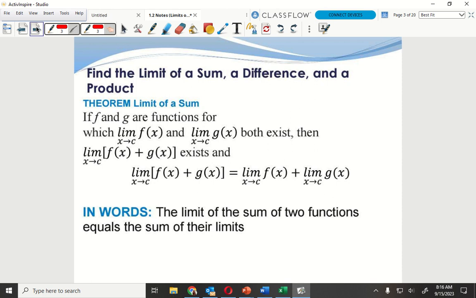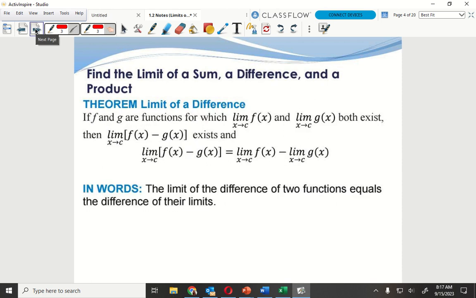Same thing for a difference, which is a subtraction or minus sign: I find the limits first and then subtract. And a product means the same thing: I take the limits first and then multiply the answers together at the end. Equals sum of the limits. There we go. Difference of the limits right here. We already did that one.